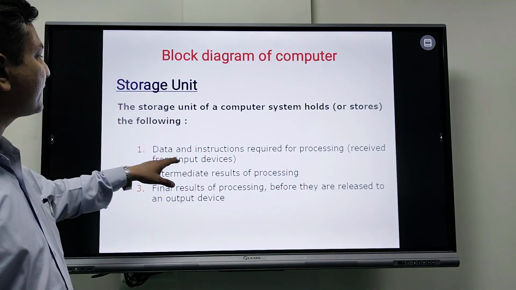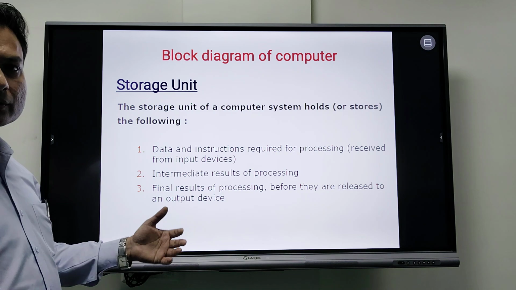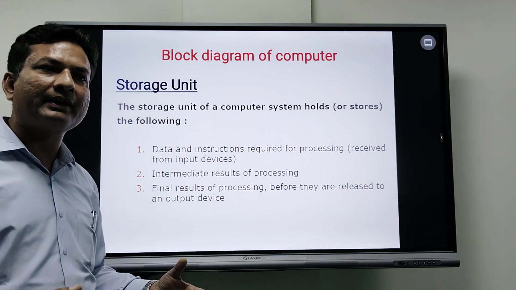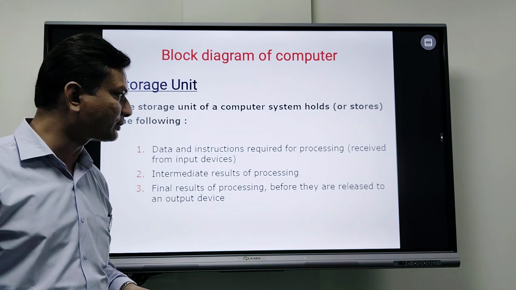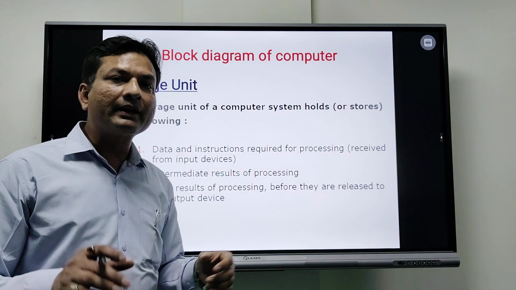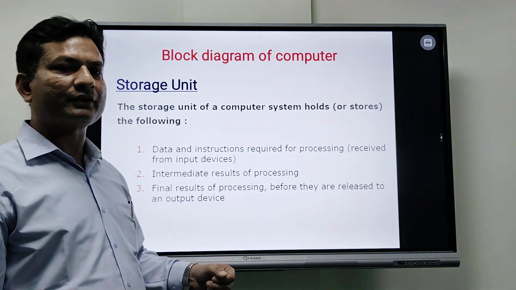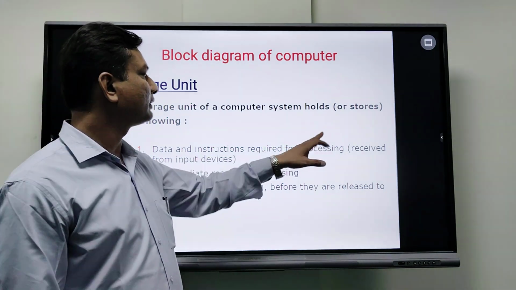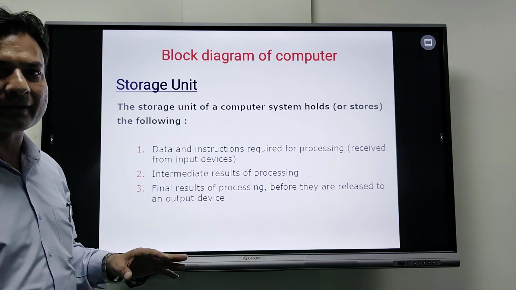So the first one is data and instructions required for processing. The storage unit stores all the data and instructions that are required for any type of processing. So from where will that data and instruction be received? Obviously from the input device. Those data and instructions required for processing are received through input devices.